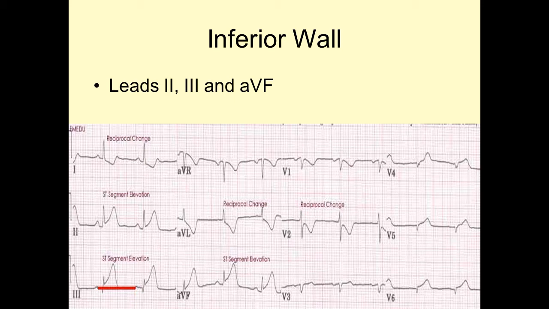So if you looked in leads 2, 3, and AVF of this EKG strip, you would see that there is ST segment elevation because it is above the isoelectric line, or above that electrical baseline. So that is confirming that this is an inferior wall MI, and we can further reconfirm it by looking in leads 1 and AVL, where we have the reciprocal depression.